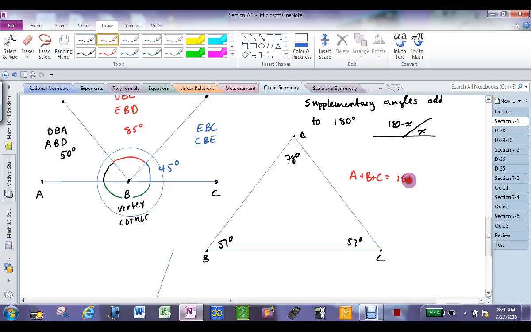I get 181 degrees. What should I have gotten? 180. Why did I not get 180? Probably not so much that I measured wrong, but more likely because I got a screen between the line and my protractor. You picking up what I'm putting down? This is an acceptable margin of error because this is not a precision instrument, is it?